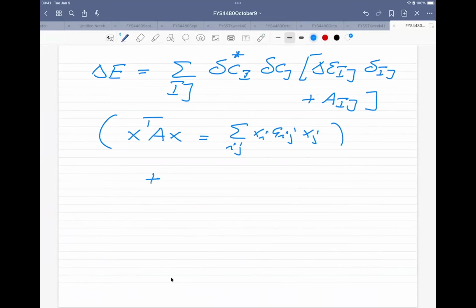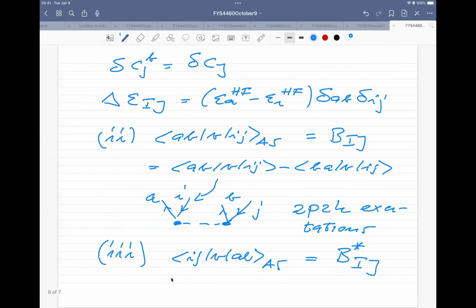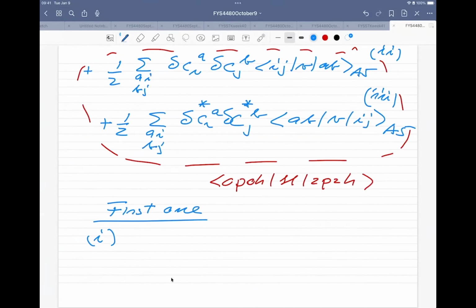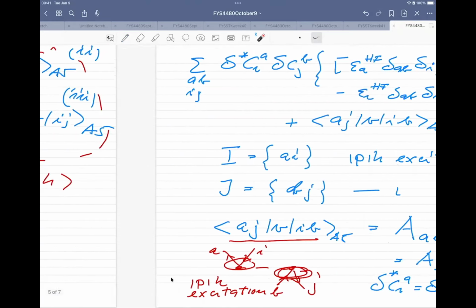So we will also have plus a sum over I and J, and then I'm going to have a delta C_I and a delta C_J, and this is going to be given by, if you now look at the notation which we had in the previous case, a delta C_I, delta C_J times B_IJ. And for the other component, we have these complex conjugate components.